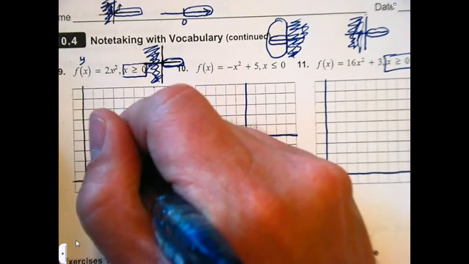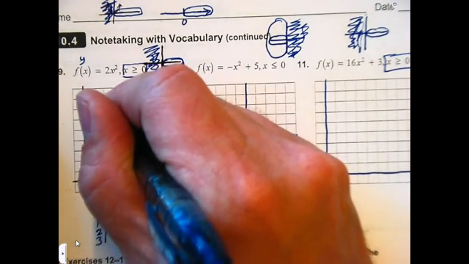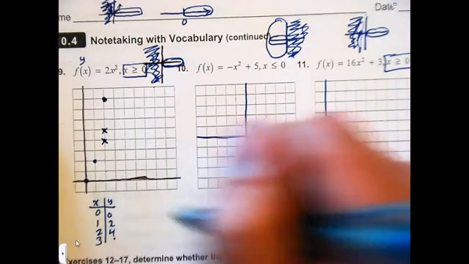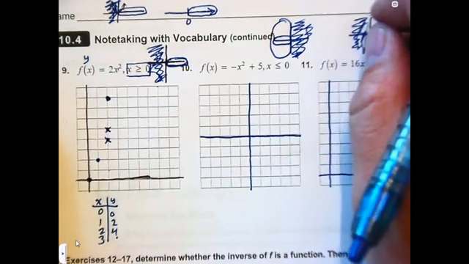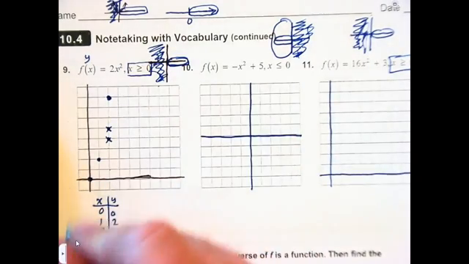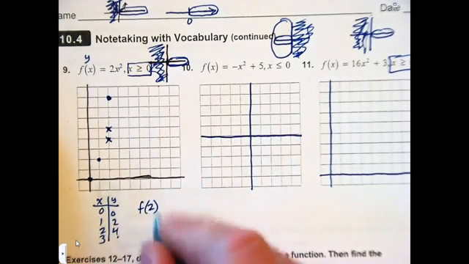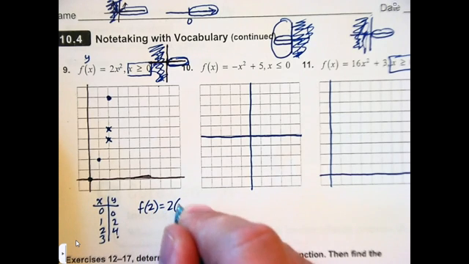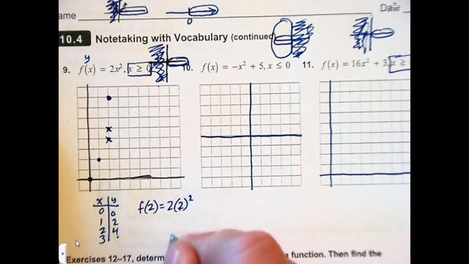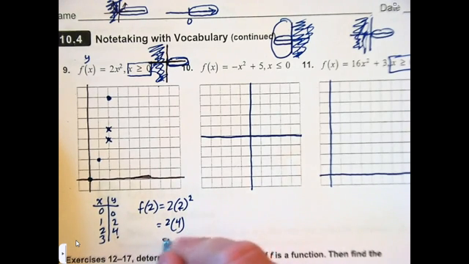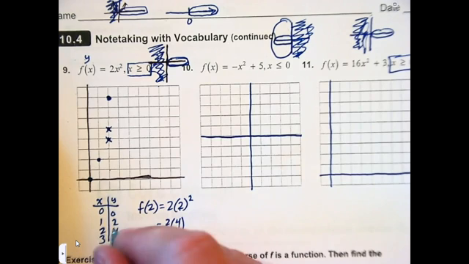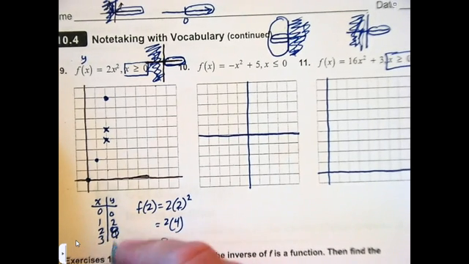I'm really messed up now. Now I have 2x points. Hey, are we making sure that we're getting that right? When I put f of 2 in, f of 2 is 2 times 2 squared. So that's 4 times 2, which is 8. That's why we should have an 8 right here. And when I put 3 in, that's our 18.